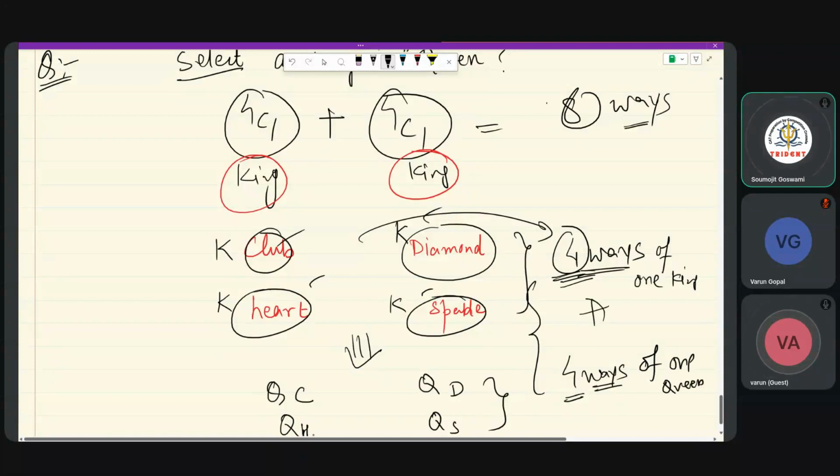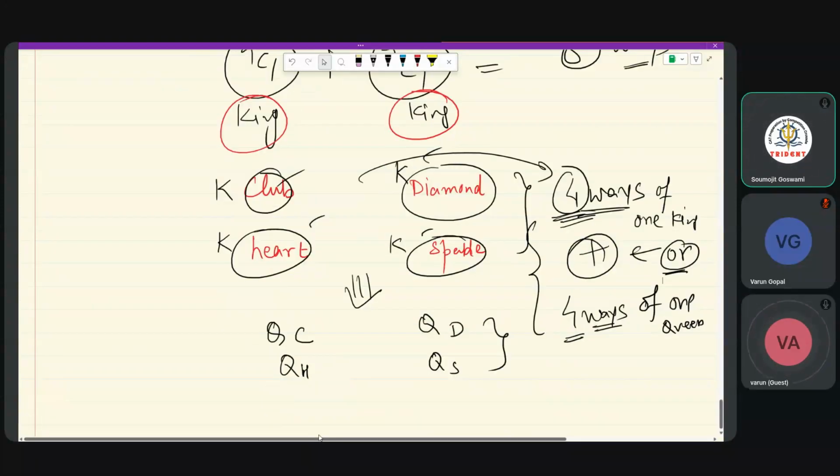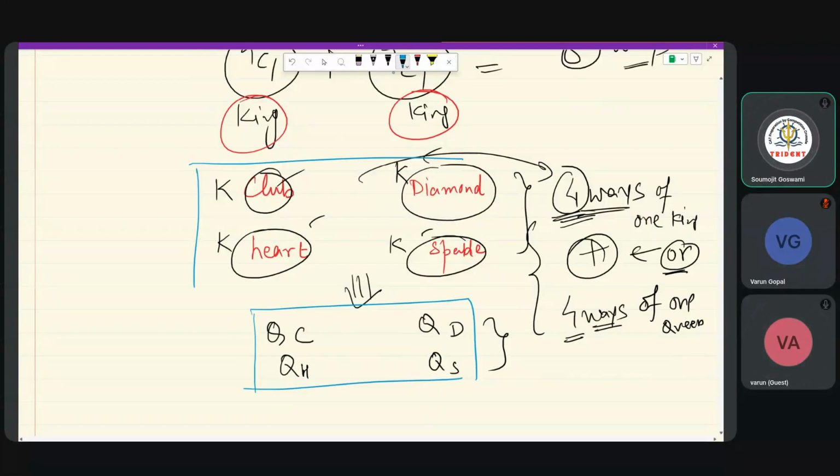This symbol is for OR. Understand it like that. The symbol for OR will help you. Otherwise, if you do not want to solve it further, think of it like a logical reasoning caselet: 8 possible contenders, you need to just pick one person. How? Understand this again, very important. There are a total of 4 kings available. So a total of 8 possible cards are there.